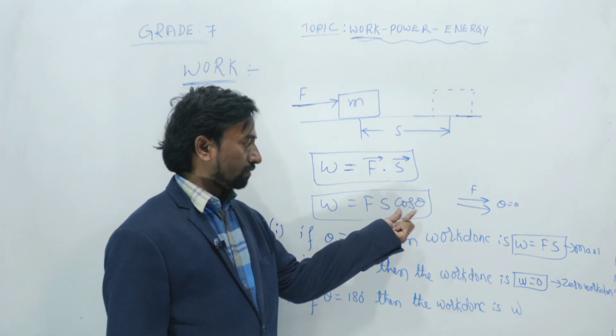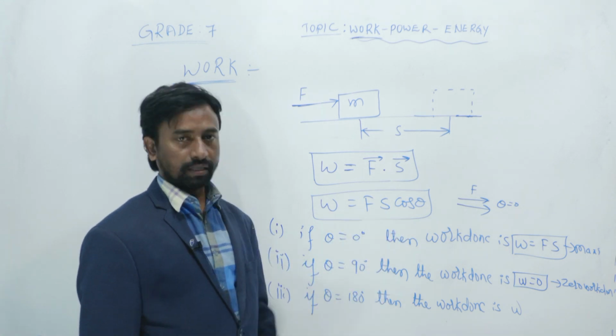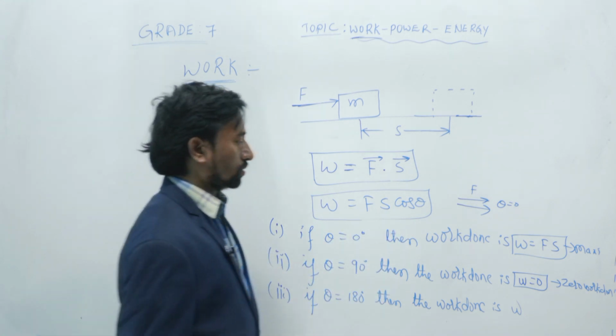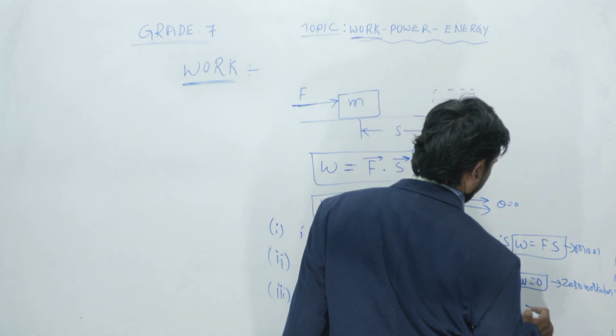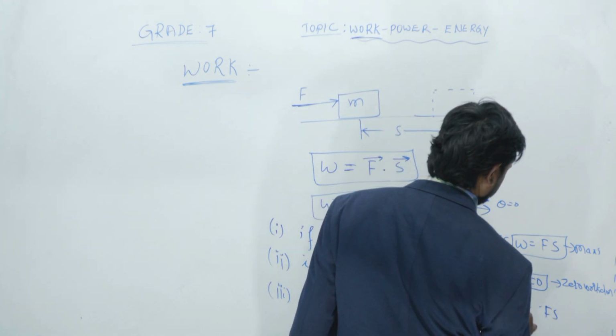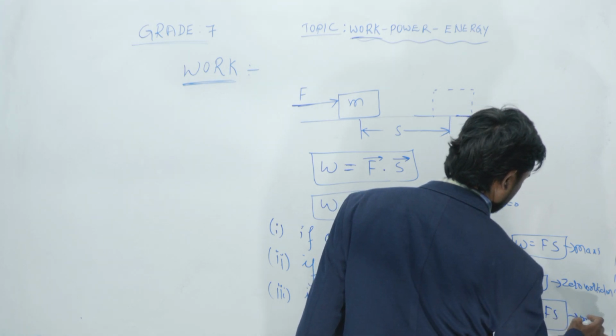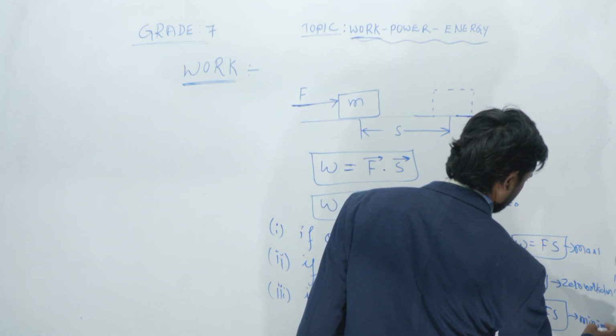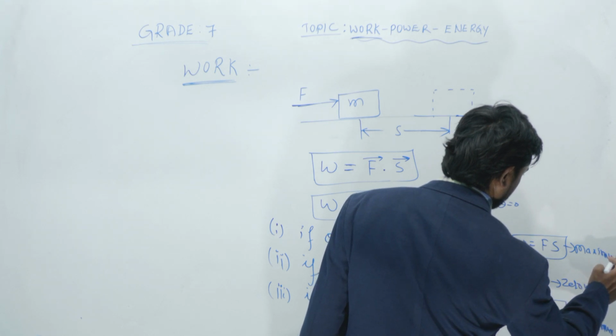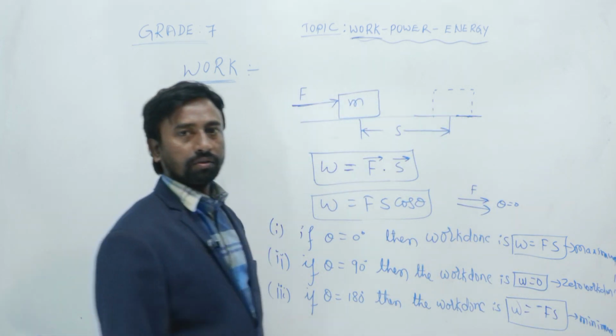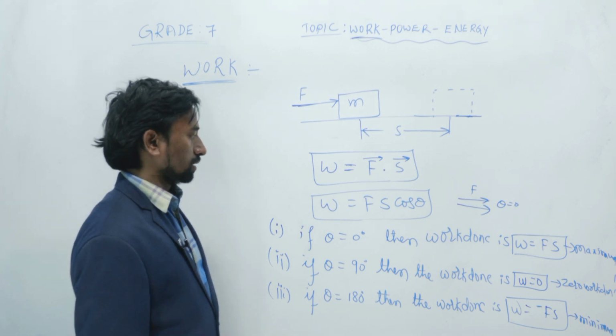So here theta is 180 degrees means cos 180. Cos 180 value is minus 1. So we will get W equal to minus Fs. This is the minimum work done. So this is the maximum work done and the minimum work done we can say here.